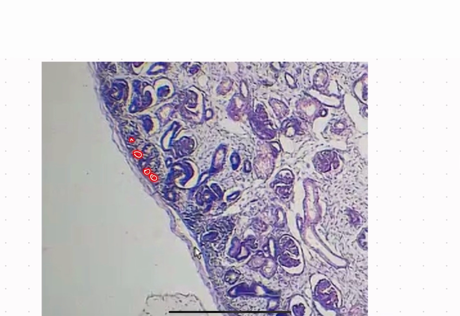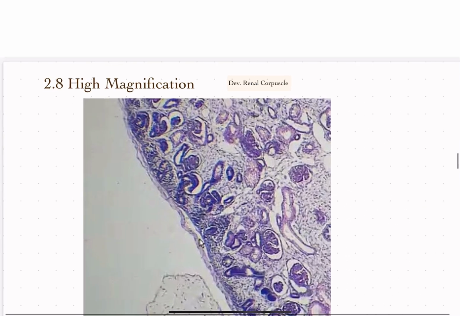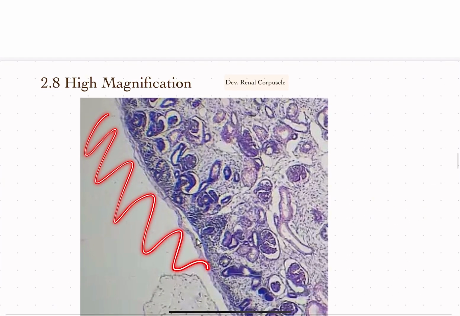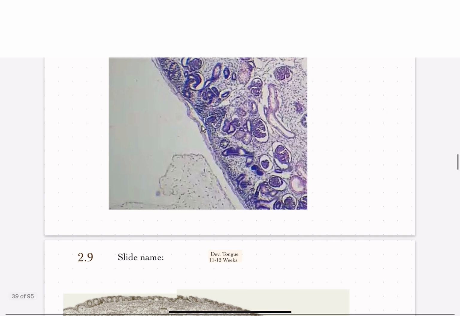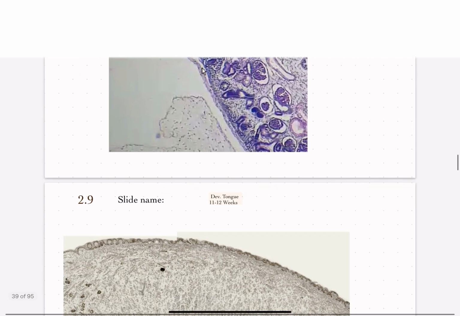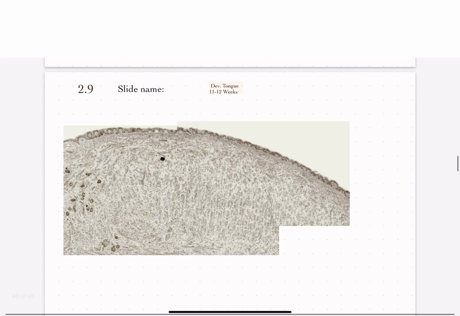And we can also see the metanephrogenic blastema cells here. If they zoom in, this would be the capsule of metanephros, I would say, and then this space could be the renal pelvis for some, for others not so much. But yeah, that was that structure and slide.